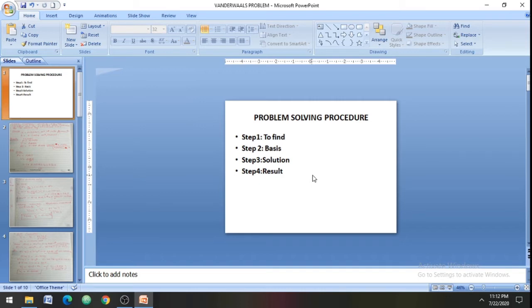After reading the question, write all the given data in this step. Step 3, solution. This is the major step. In this step, write the formula to solve the problem. Step 4, result. This is the final step. In this step, you have to write the final result.